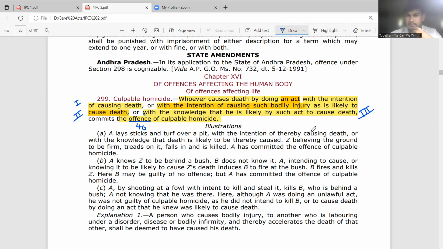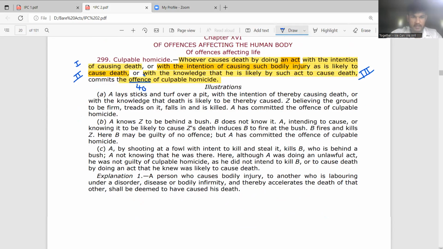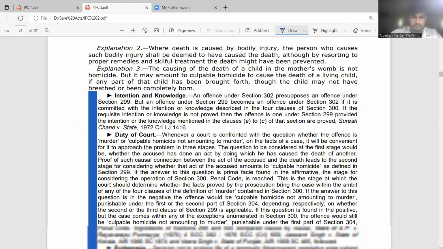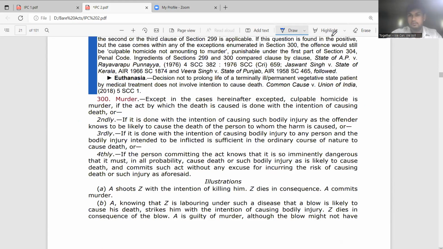Done, understood. Now let's give a Bare Act reading to section 300. Look, section 300, murder. It starts with except.